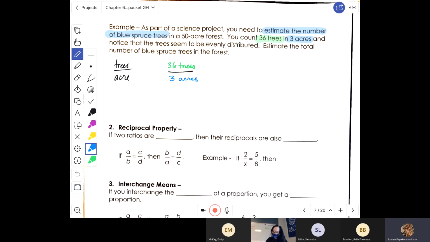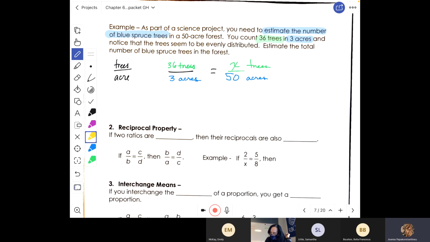I'm trying to estimate the number of trees. We'll call that X or T, it doesn't matter. In 50 acres. Does everybody see how I set up this proportion?